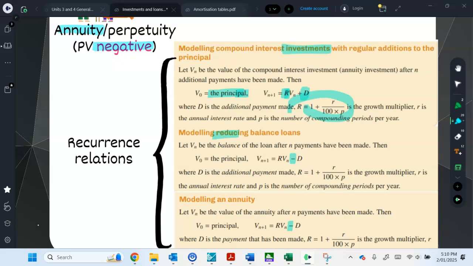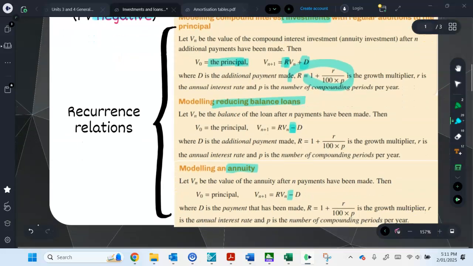Reducing balance loans: eventually you want that loan to go down to zero, so that's why you're minusing, you're making payments. And then your annuity is the same. You start off with an amount, but over time, even though it's an investment, the annuity gives you back money, kind of like superannuation.